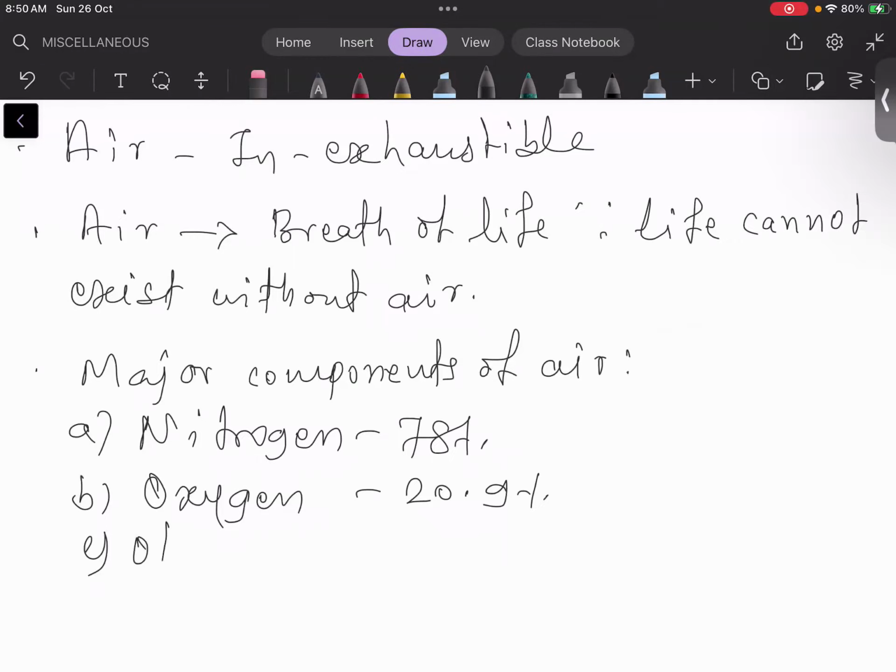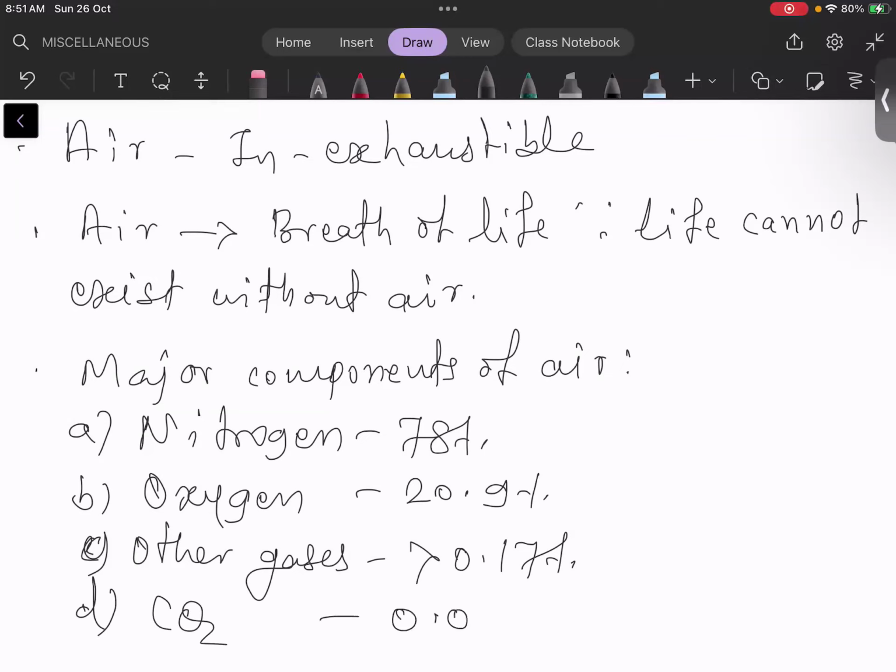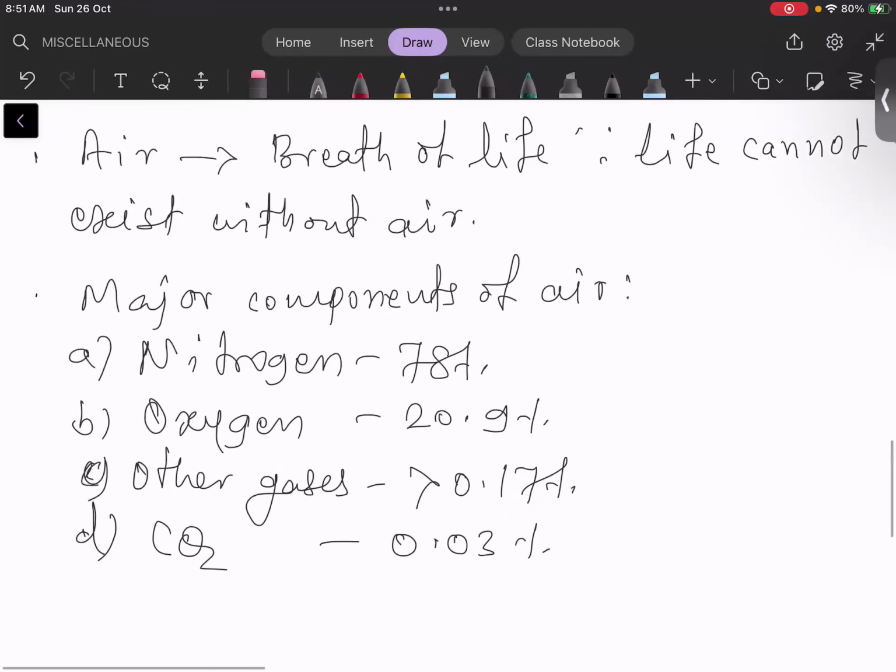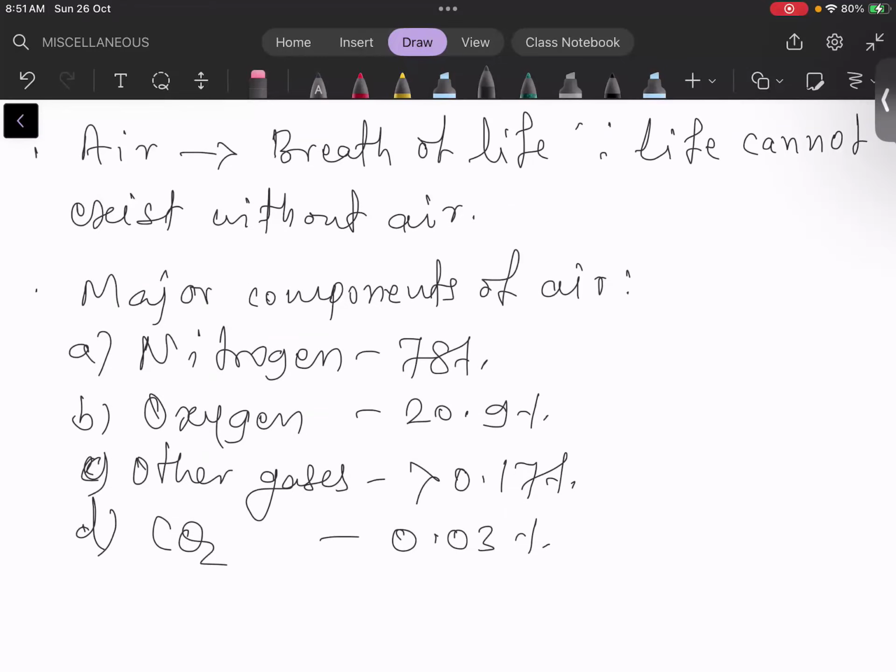Then other gases, how much? Greater than 0.17%. Then CO2, 0.03%. The CO2 percentage, nitrogen and oxygen percentages they ask in the exam.